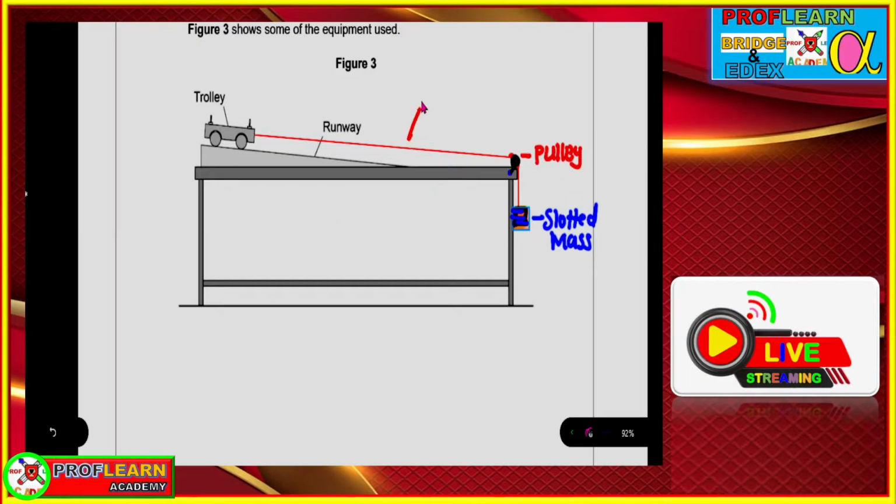Then we have a string, which is going to run from this particular point. Then we can decide to use a light gate, of course, but in this case, let me just say we can use the light gate to determine the speed at which it passes.